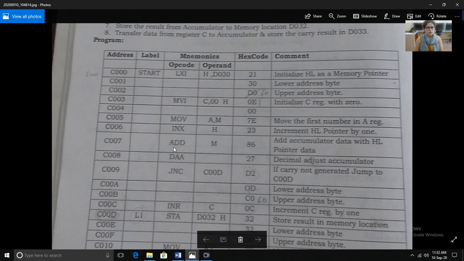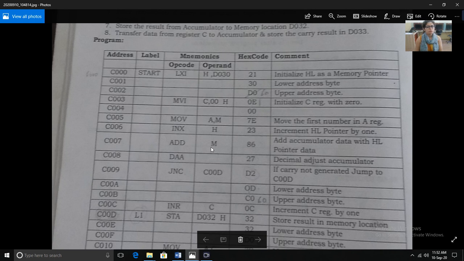Now one of our operands is in the accumulator and the other is in memory where the HL register is pointing. So now we have to add the data. For the addition of data, we use the add instruction, ADD M. You know what ADD M means? The ADD M instruction will add the contents of that memory location to the accumulator, and the result will be stored back in the accumulator. The memory location is where the HL register is pointing.